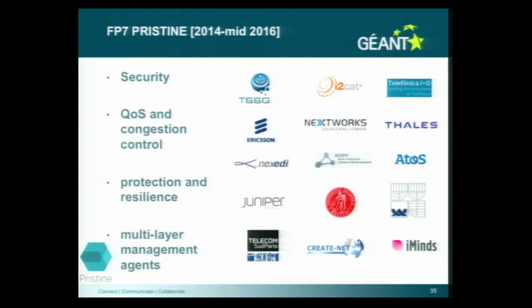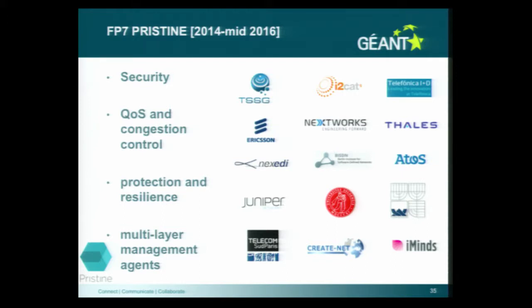But PRISTINE is going to add a lot of features: security, QoS, congestion control, protection and resilience, multi-layer management, and it's also going to develop a first SDK so that people interested in the technology can get their hands on it.